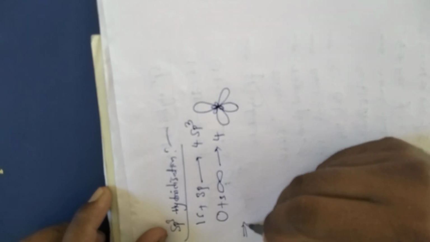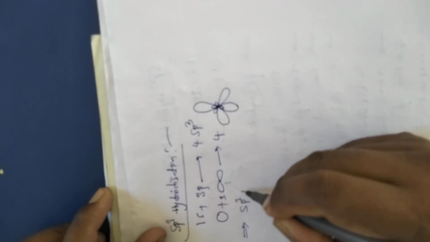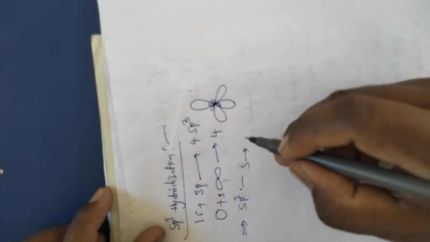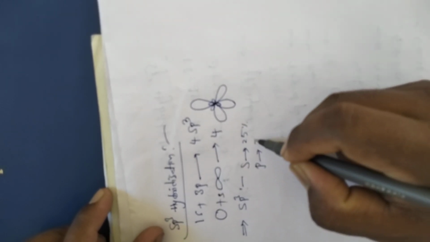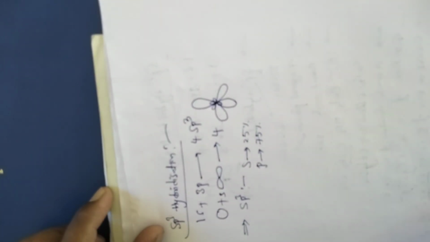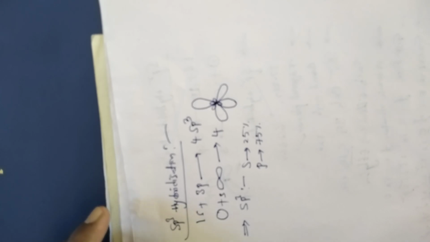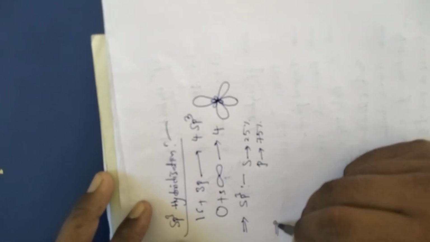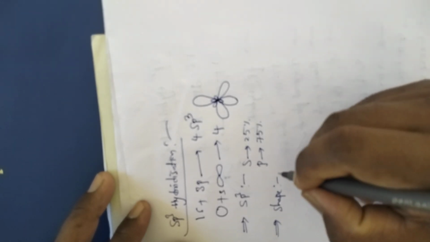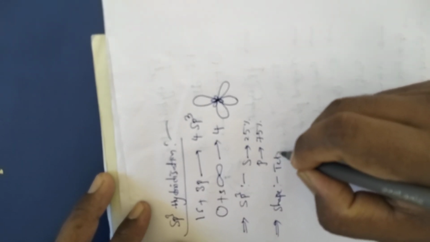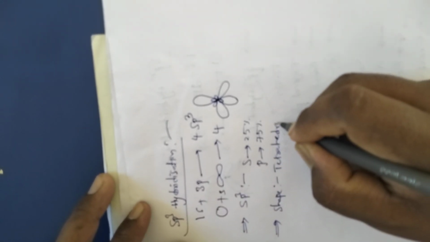In sp3 hybridization, the s character is 25% and the p character is 75%. The shape of the sp3 hybridized orbitals is tetrahedral.